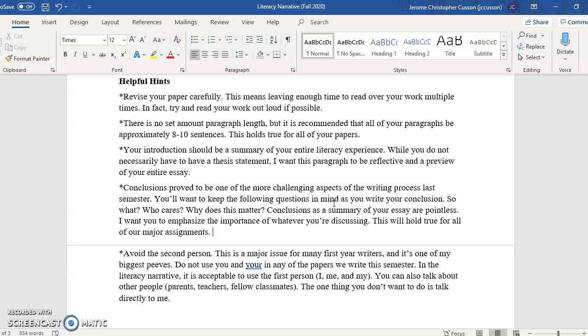If I told you you could not use the first person in a literacy narrative, you literally could not do it. It would be absurd to ask you. So, of course, you may use the first person. You can also talk about other people in the third person. Parents, teachers, fellow classmates. The one thing, when you talk to me, means using you and your, and I don't want you to do that.